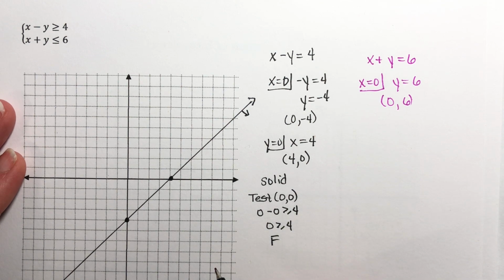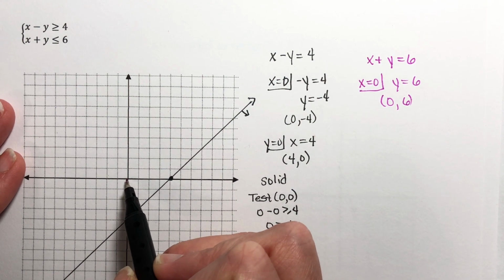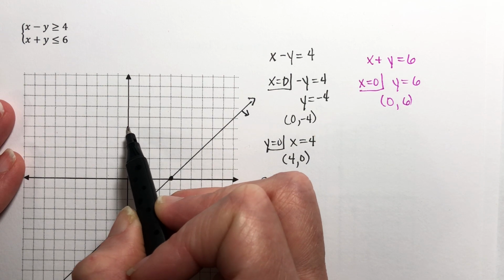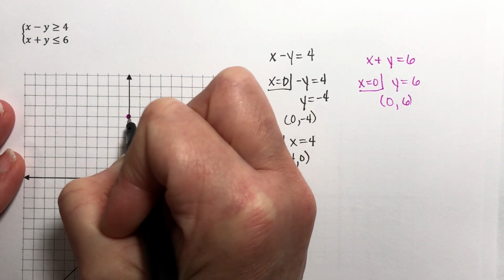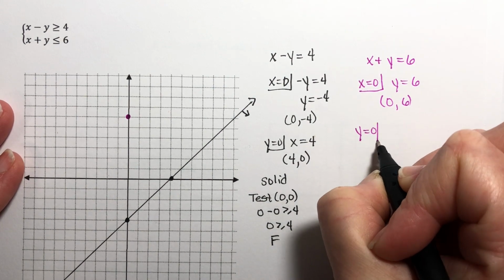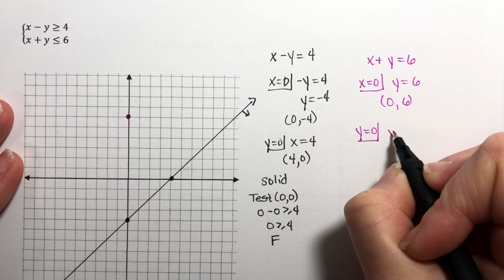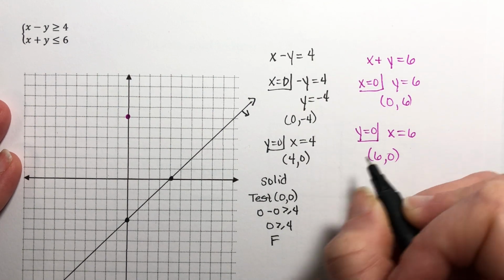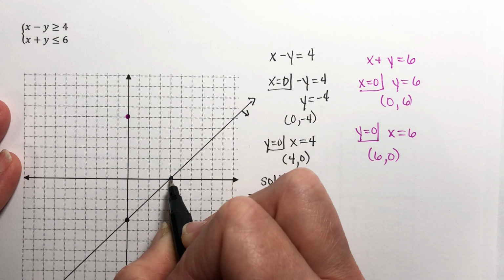Okay, so if I have 0, 6, it's up here. Okay, so if I have y equal to 0, then I have x equals 6, so that's the point 6, 0.